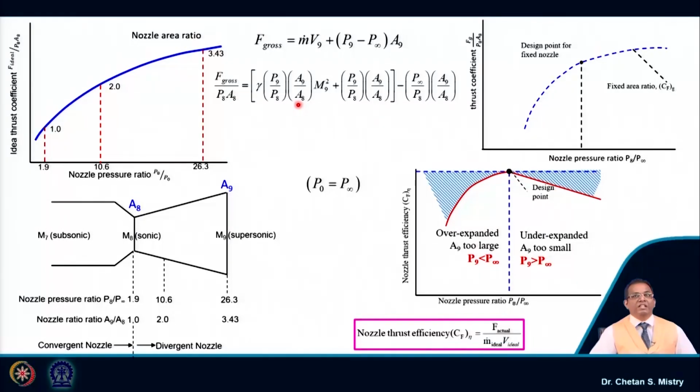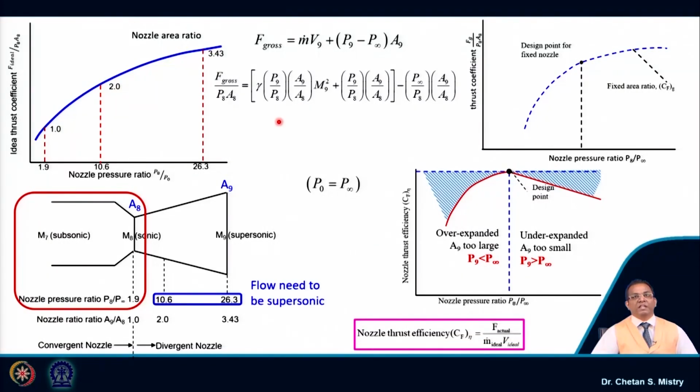Here my gross thrust is what we have represented in terms of pressure and area ratio. Just look at this: if we are moving towards supersonic flow at the exit, I need to go with a higher nozzle pressure ratio.